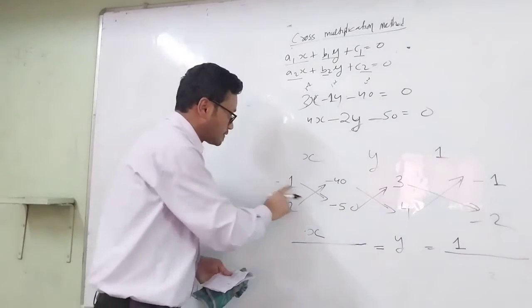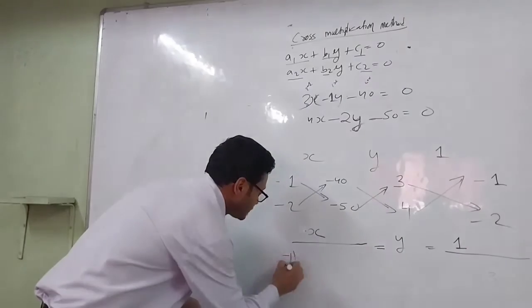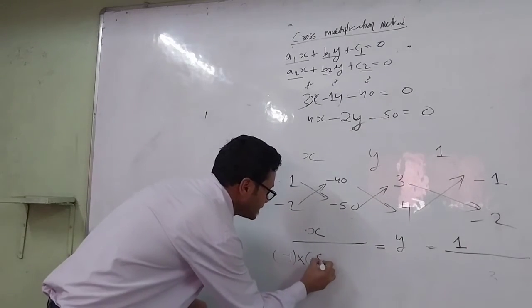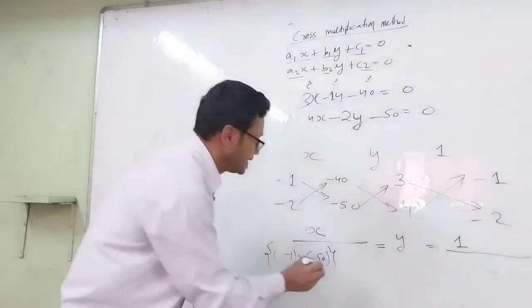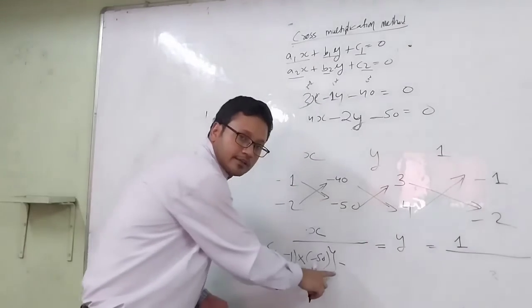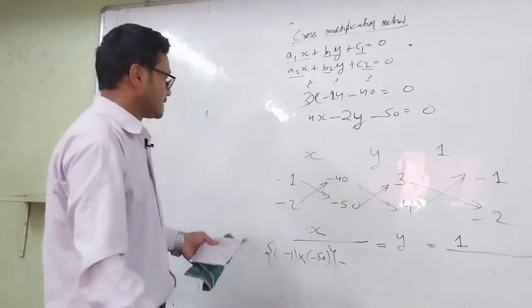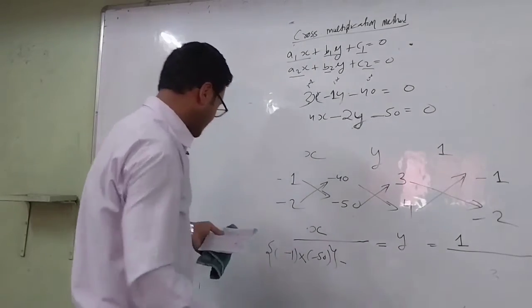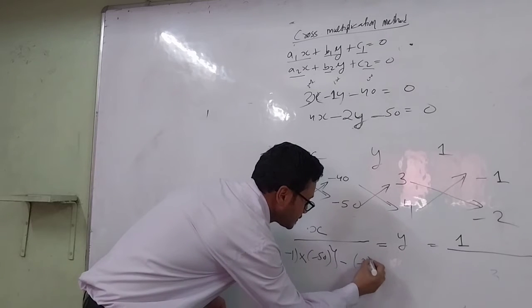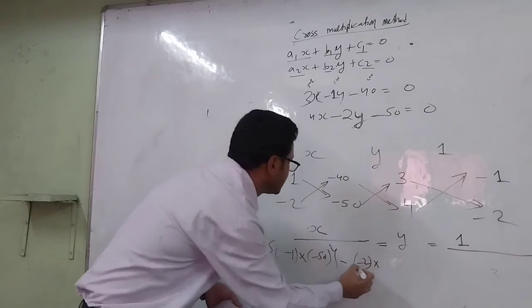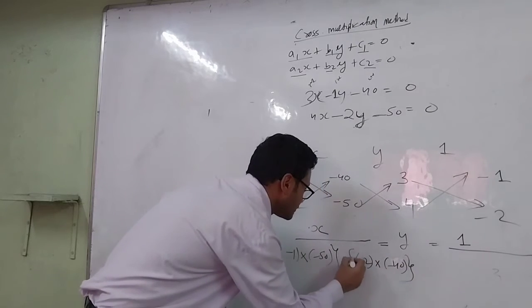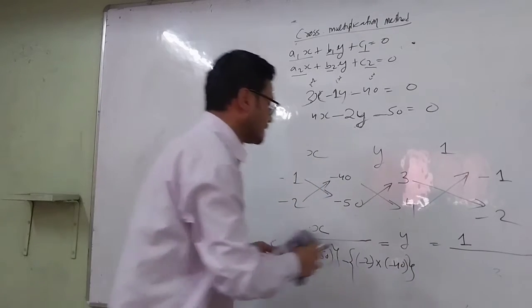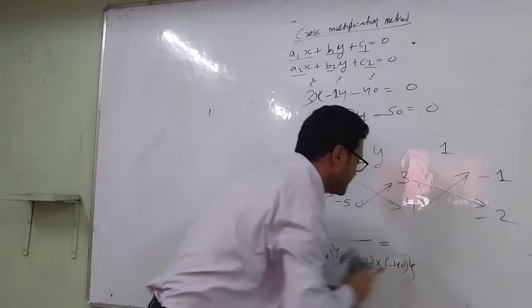First we have to go -1 into -50, put the curly bracket, then again minus, this one is the formula's minus, then again what comes? -2 and -2 into how much? -40, then close the bracket like this.